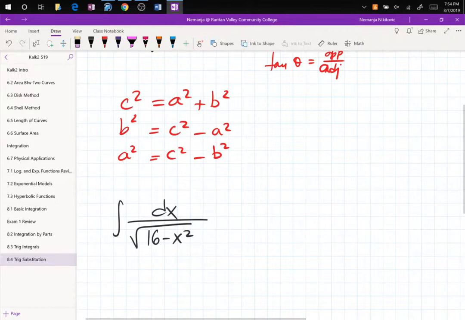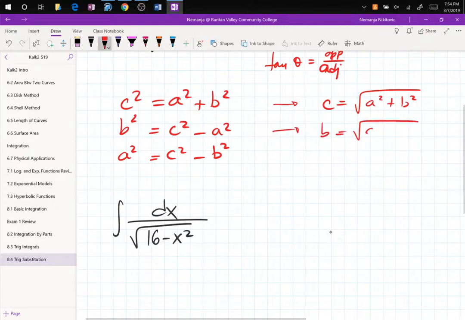Now, what you notice here is this form of a square root. Now look what happens with these formulas here as I take the square root. C becomes the square root of a squared plus b squared. B becomes the square root of c squared minus a squared.